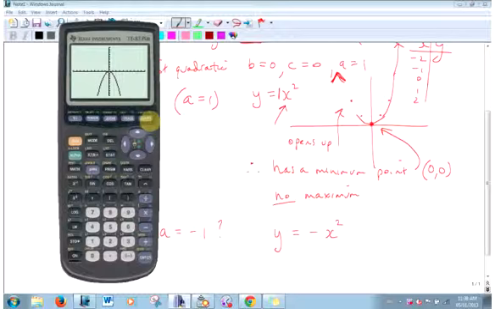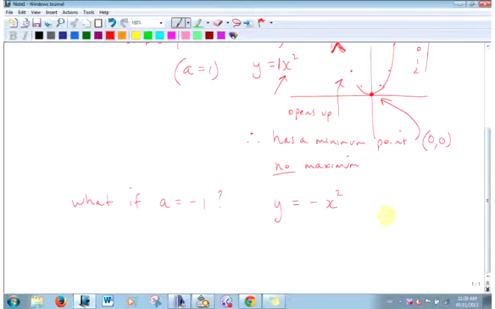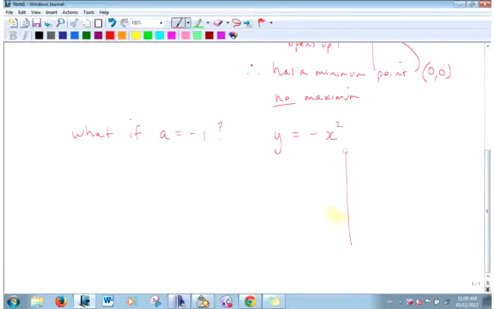It doesn't open up, it opens down. If a is negative 1, if this thing is negative, make my page bigger. Okay, it does this. It opens down.